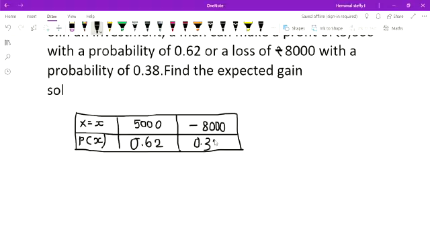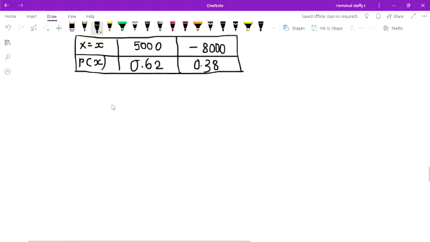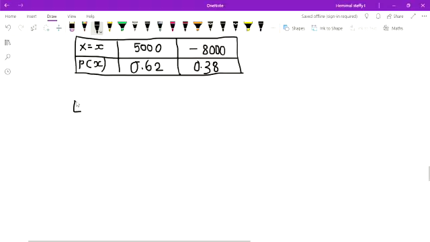So expected value means we are going to find the mean. This is a probability mass function, so we are using the E of x equal to the expected gain. That means expected gain E of x equals the summation of x into p of x.